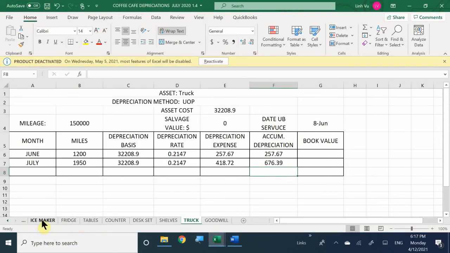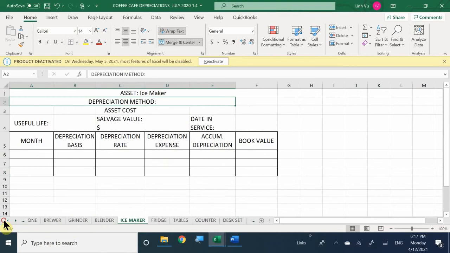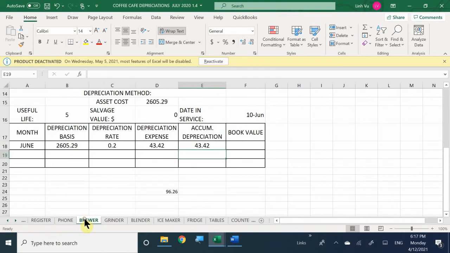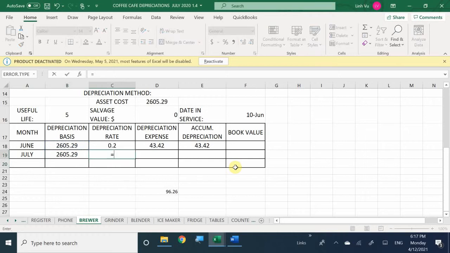So since we're given that it is going to be calculated based on straight line, if we know what straight line does, that means every month it's going to be depreciated for the same exact amount. If you remember our problems that we did for straight line depreciation, my depreciation basis stays the same, so does my depreciation rate.